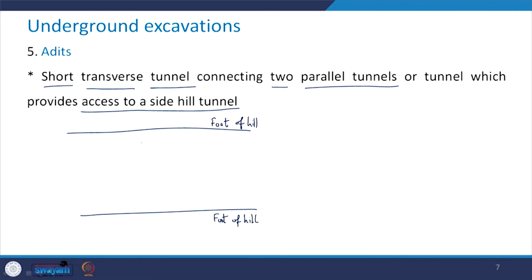So, I will have here a section, say this is a section AA. Then we have this ridge line, and this is how the main tunnel is in plan.